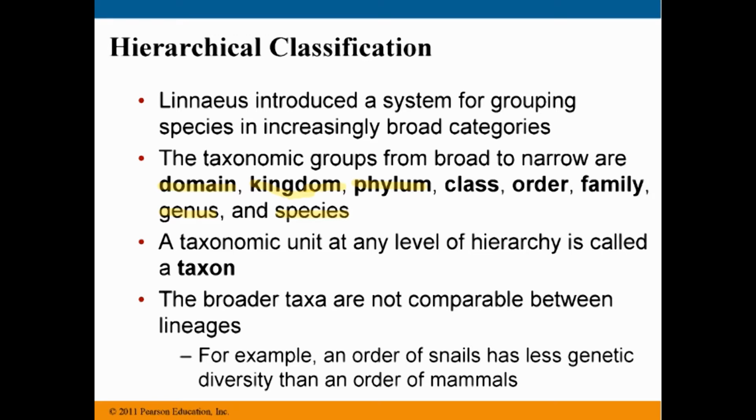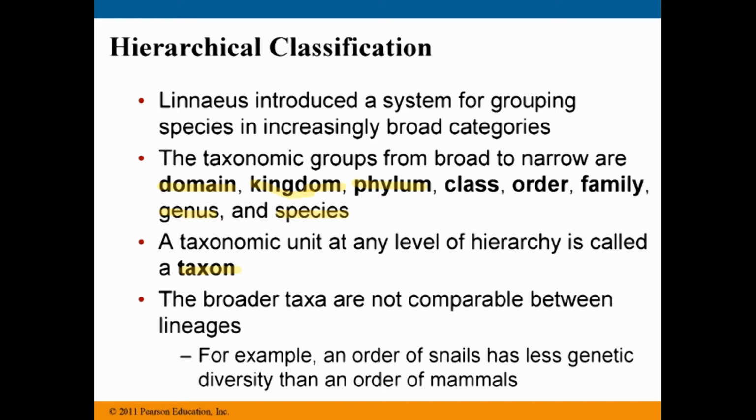A taxonomic unit at any level of the hierarchy is called a taxon. So a kingdom would be a taxon. A phylum would be a taxon. A genus would be a taxon. The broader taxa are not comparable between lineages.